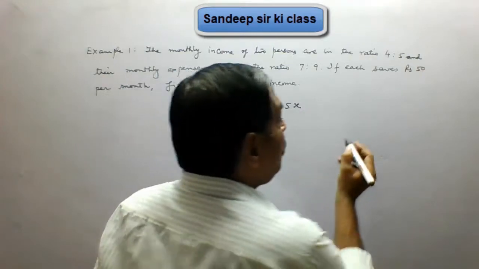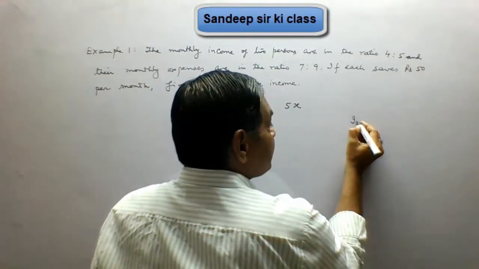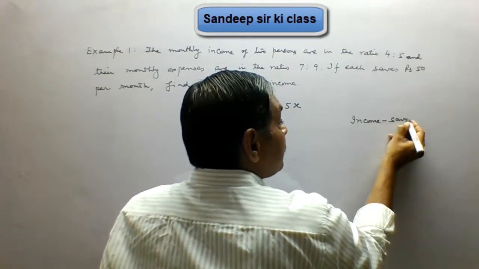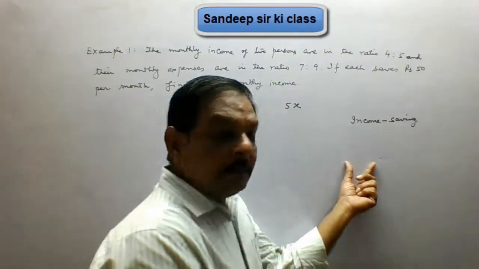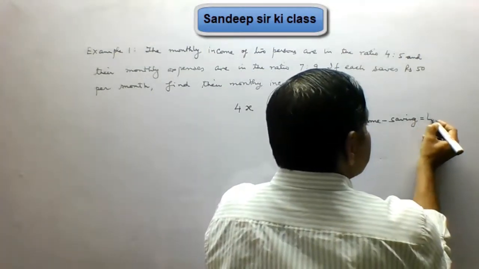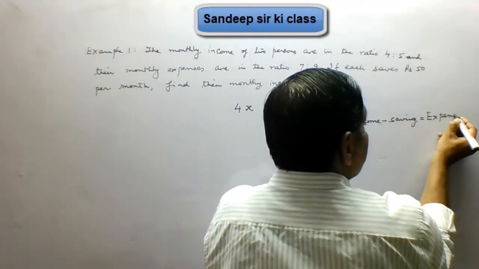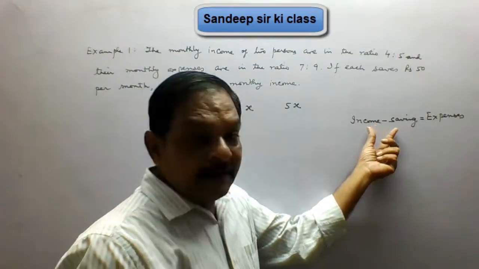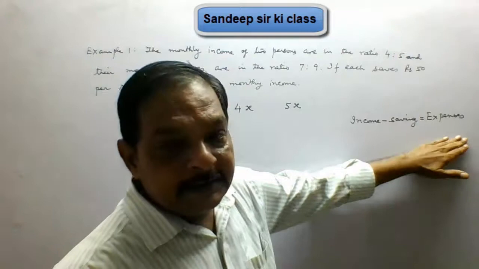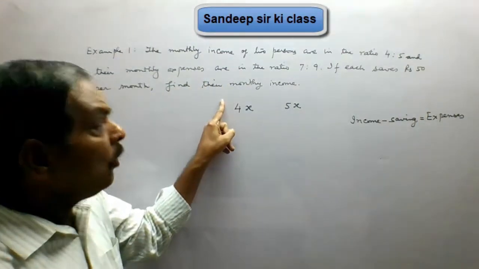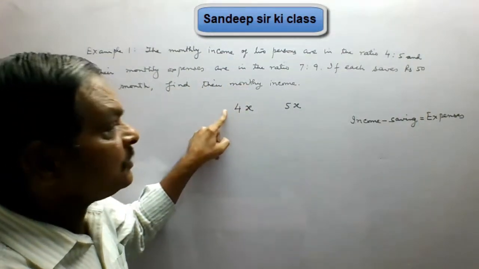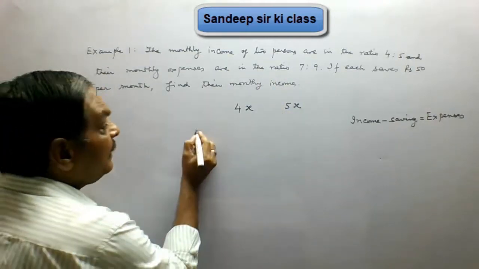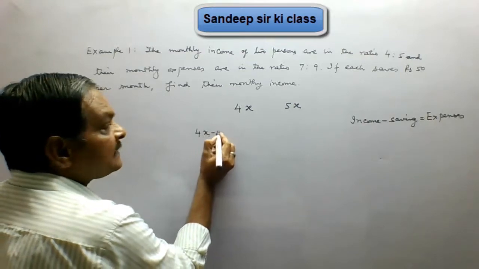Now we know that if we subtract saving from income, we get expenses. Now, the first person saves rupees 50, which means his expenses will be 4x minus 50.